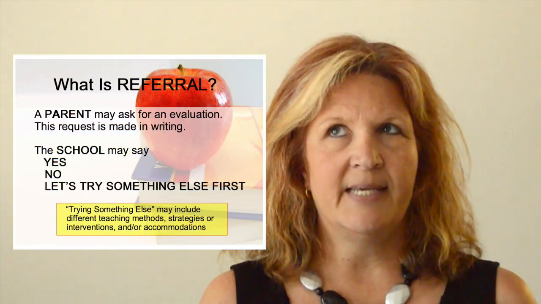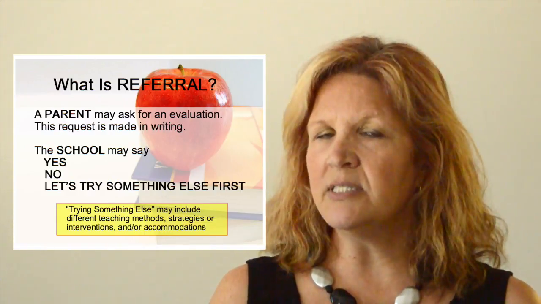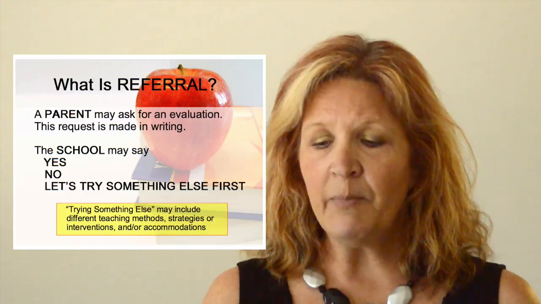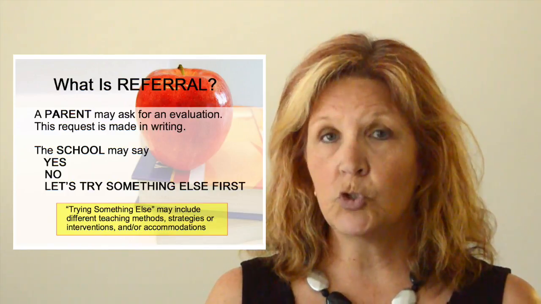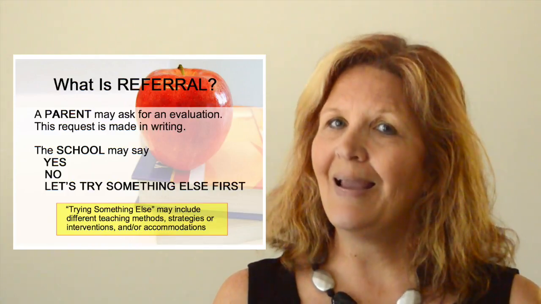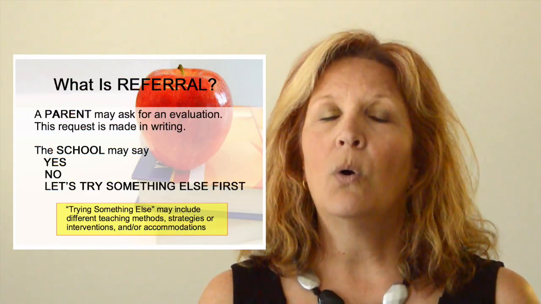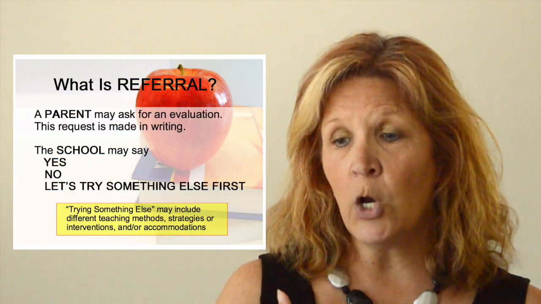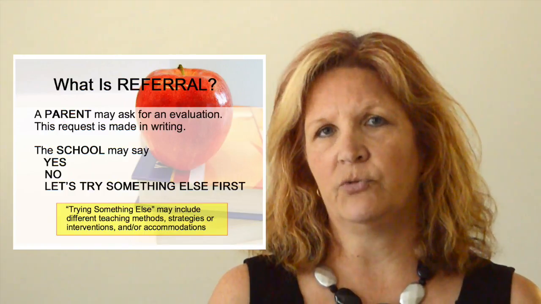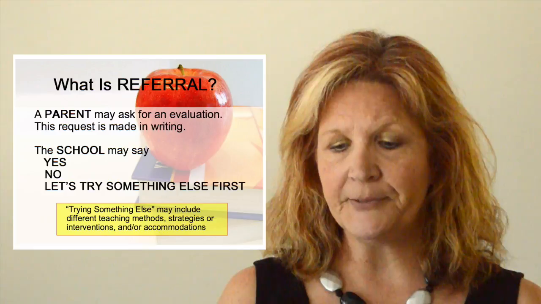The third thing the school may say is, let's try something else first. And that may include different teaching methods, strategies and interventions, and maybe some accommodations, such as extended testing time, or being tested in a smaller environment, or even placement in the classroom as an accommodation that might help your child.